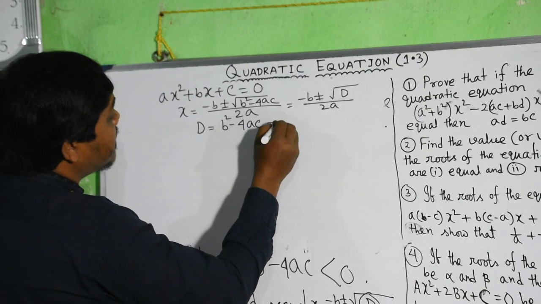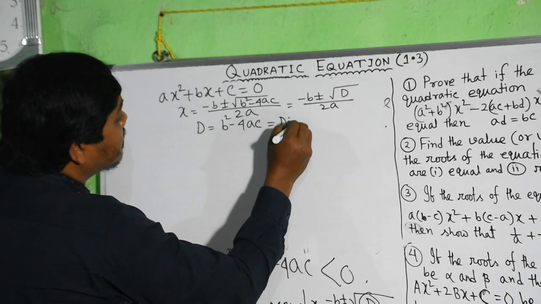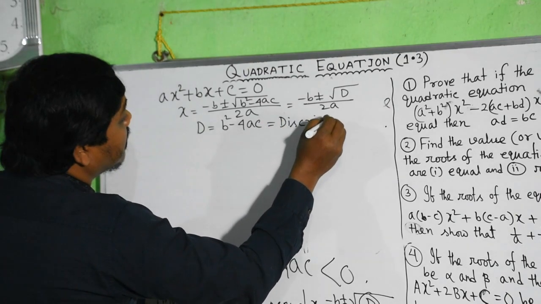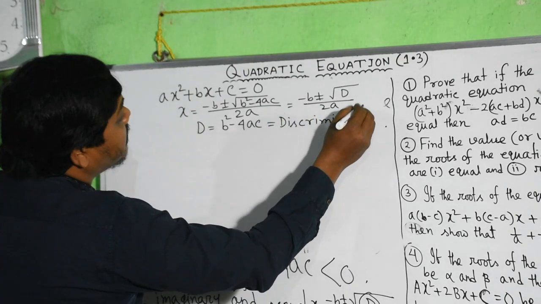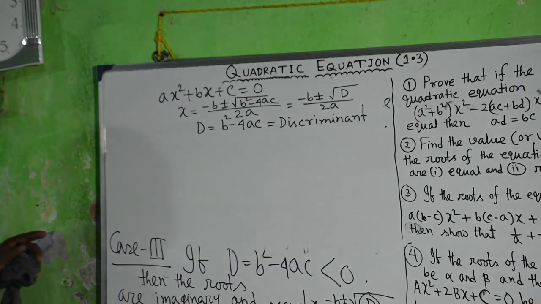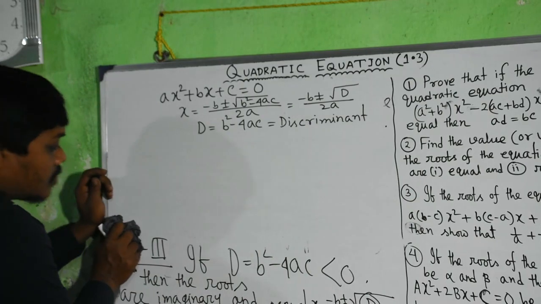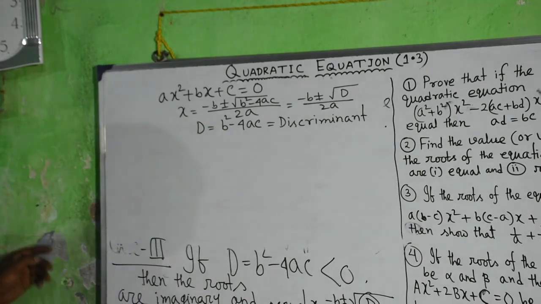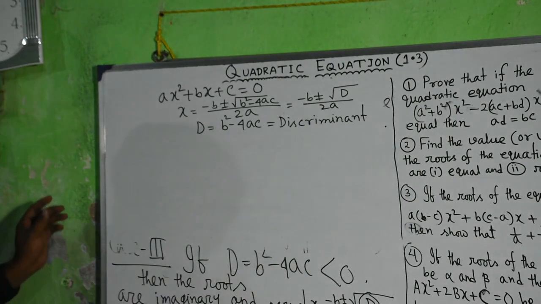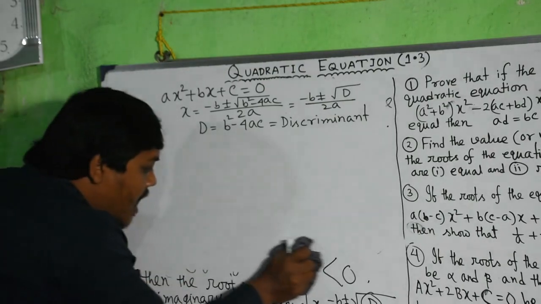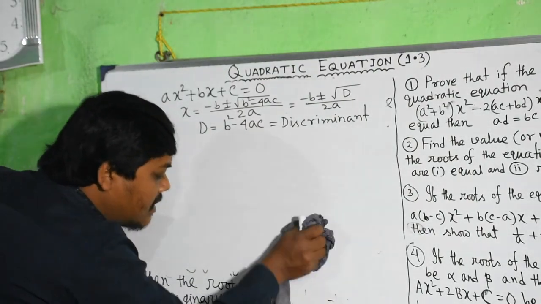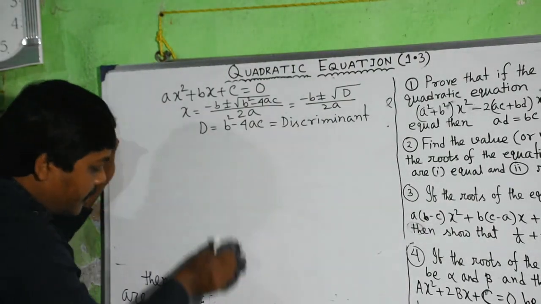I have already said this is called the discriminant, and for different values of the discriminant we get different types of roots. So, case 1, case 2, case 3. I am writing a chart here for memorizing in a tricky way.